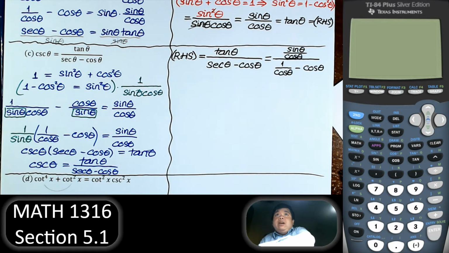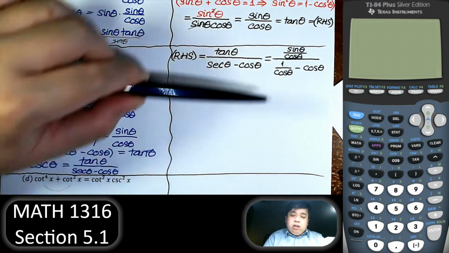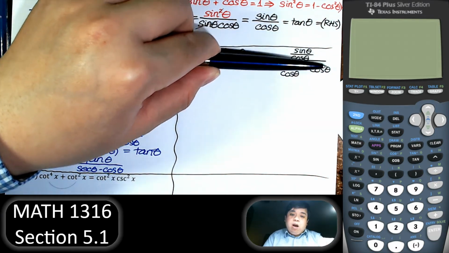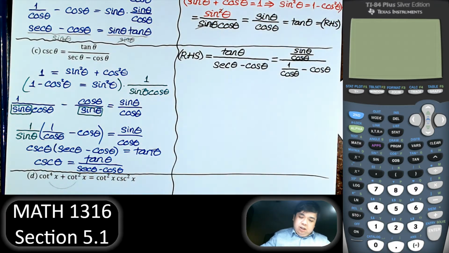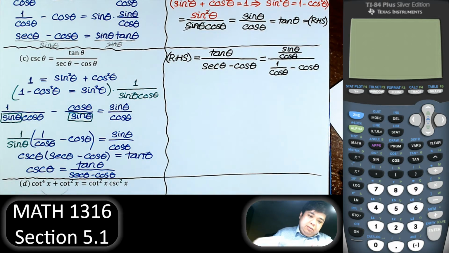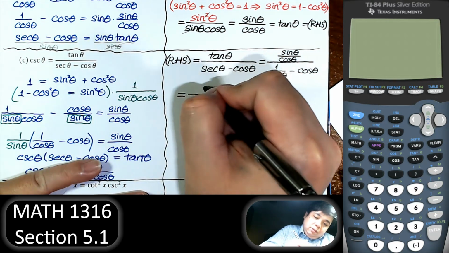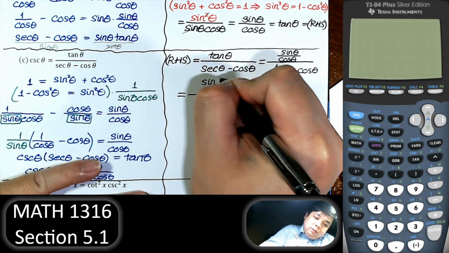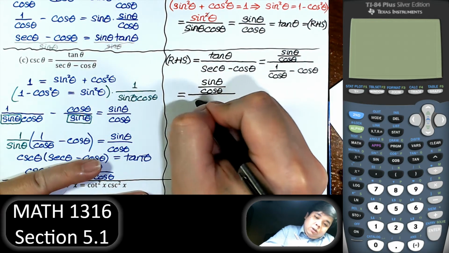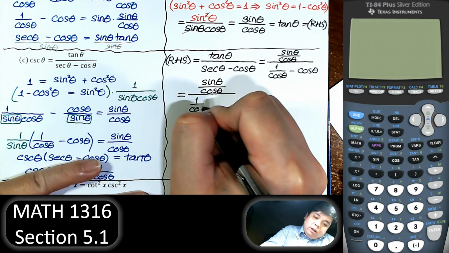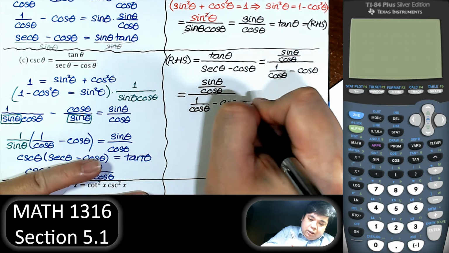The next step is to eliminate the complex fraction. If I multiply cosine on the top and bottom, we're trying to eliminate the cosine at the bottom here. So 1 over cosine minus cosine.